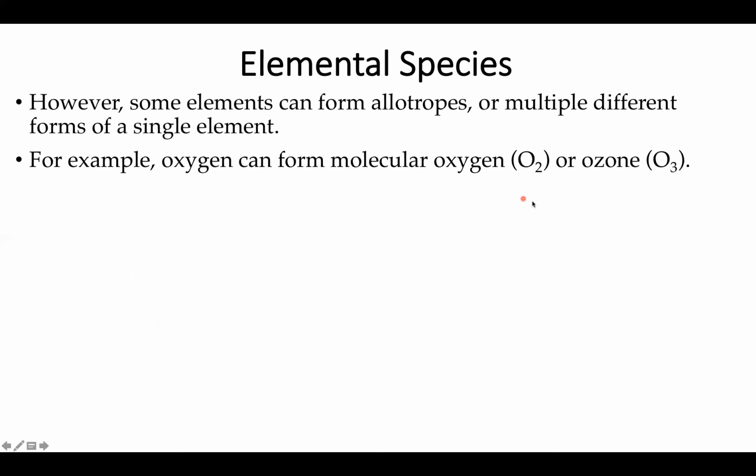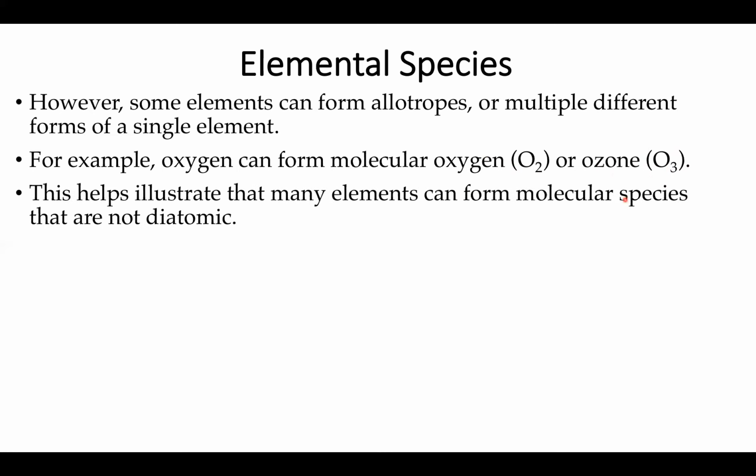So, oxygen can form molecular oxygen or ozone. So, molecular oxygen is diatomic, and ozone, as in the ozone layer, is triatomic. And they have very different senses of reactivity. And it does help illustrate this idea that not all elemental forms are going to be diatomic. Most elemental molecules are going to be diatomic, though.